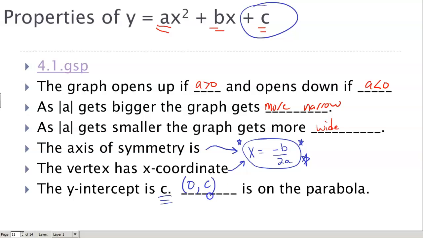So (0, c) is on the parabola. So make sure you write some of these things down, especially this one right here. These are the patterns, or some of the shortcuts, we can take as we proceed in graphing our parabolas.